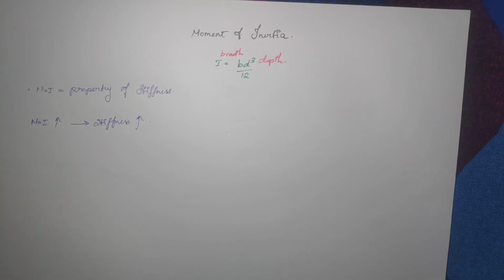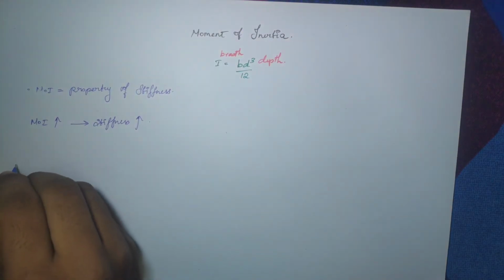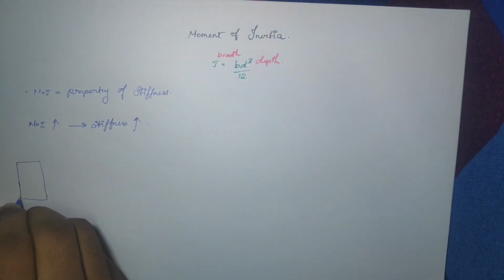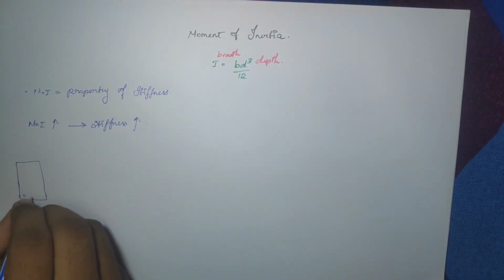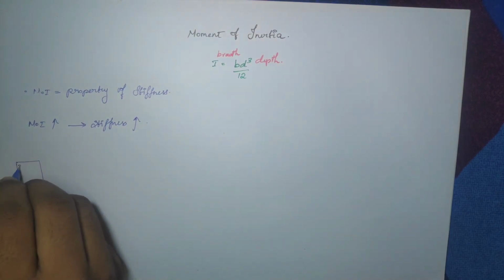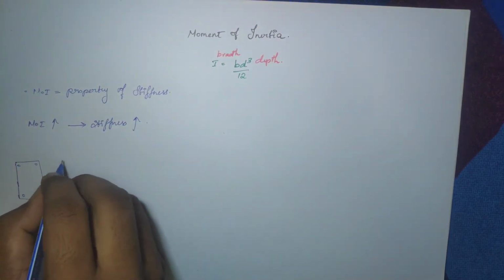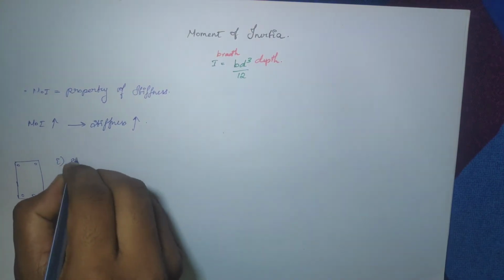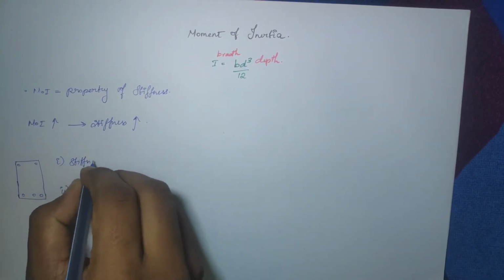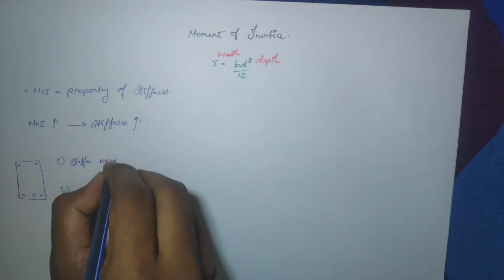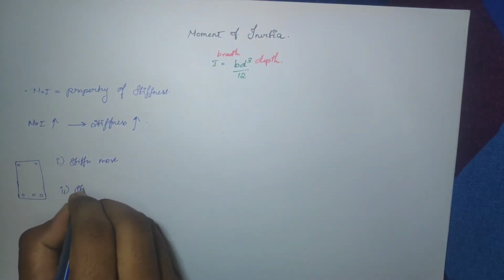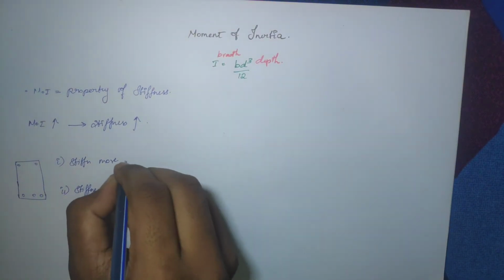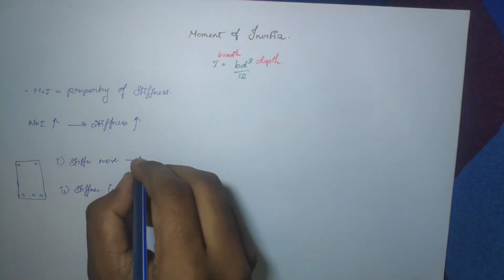Let me give you an example. Let's keep this as a beam, with reinforcement provided in the beam. Let's have two categories: first with more stiffness, and second with less stiffness. The first tends not to bend.